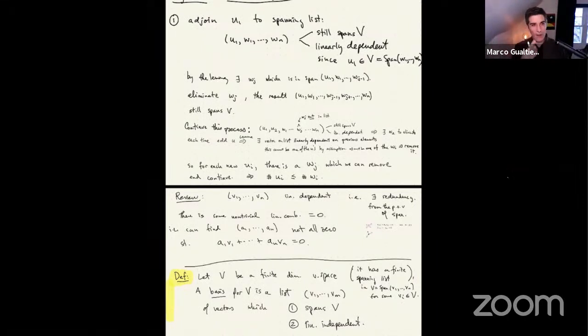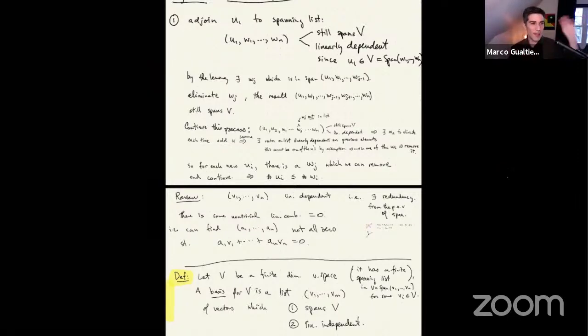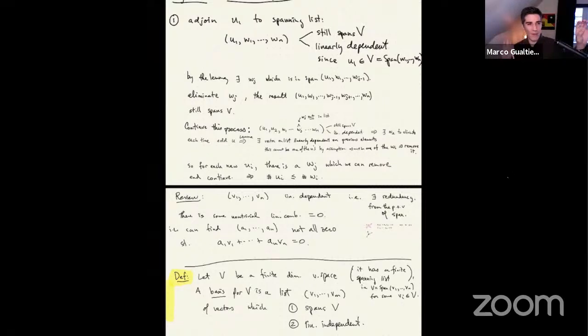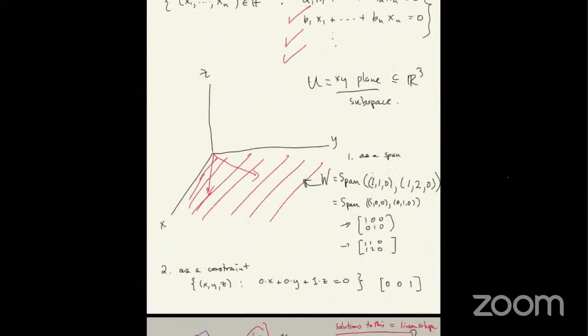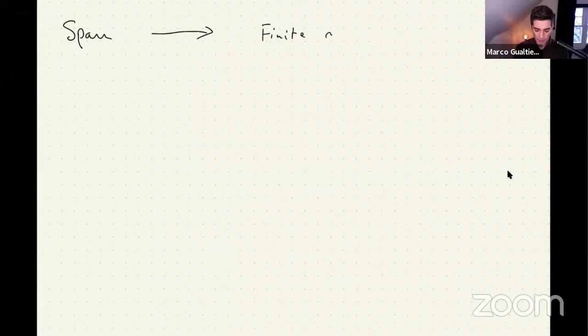That's the idea of span and finite dimensionality. But then we have this other idea which is linear independence. Maybe I'll just summarize here. The idea of span led to the idea of finite dimensionality.